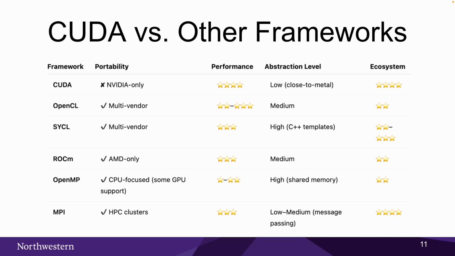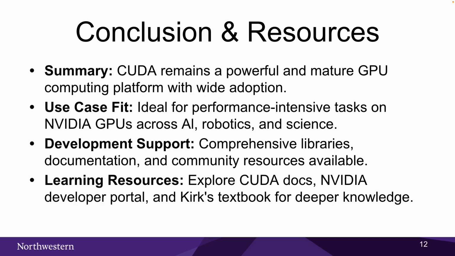So in short, CUDA is the best if you're targeting NVIDIA's GPUs and care about performance. But for portability or hybrid CPU and GPU systems, other tools may fit better, but we still consider the performance specific to the problem we want to solve.